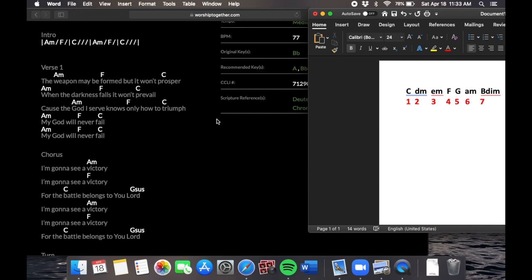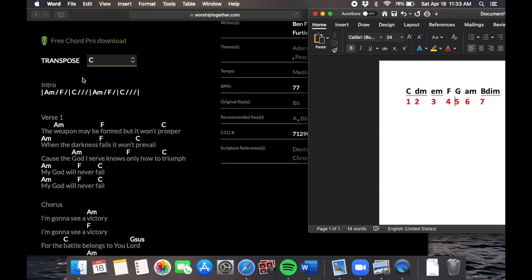Okay, really quick, since we know we're in the key of C, and we have our numbers written down at the bottom, let's start with A minor. What number would that be in the key of C? That would be a 6. So the song starts on the 6, and we move to F, which would be 4.